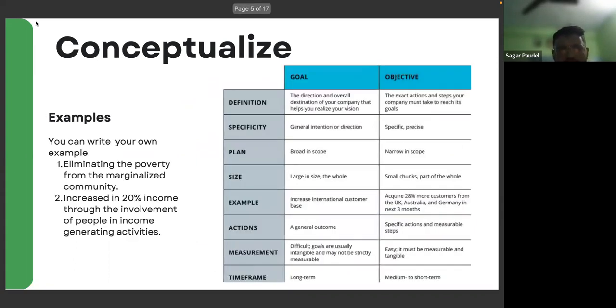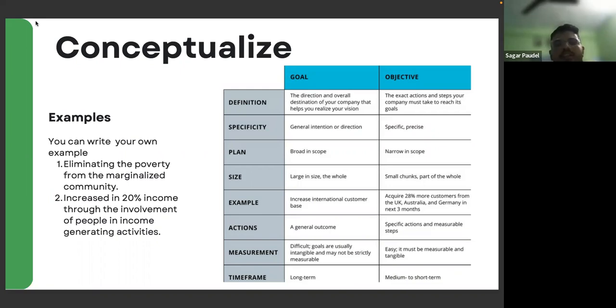I put this slide because people often have confusion regarding goals and objectives. While designing the project, we need to identify our objectives. Our objective must be SMART. It must be specific, precise, and a certain part of the whole.